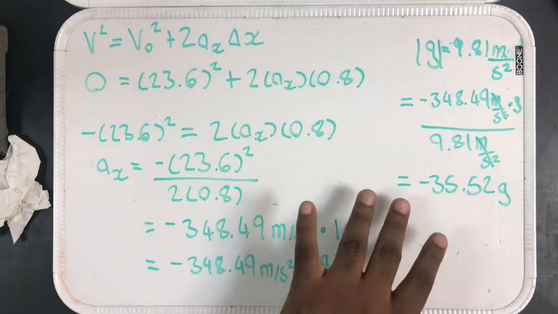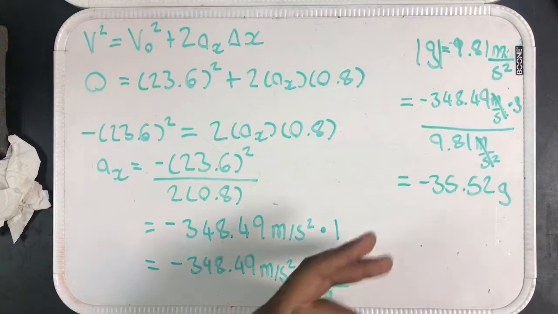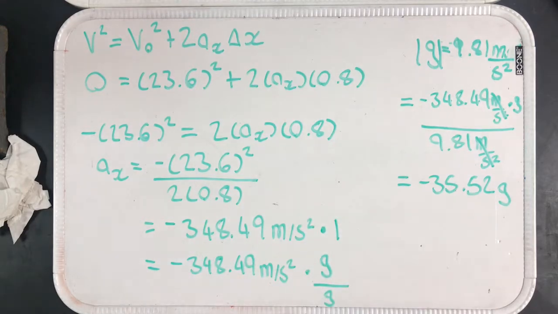And we want to interpret this answer. So just ignoring the negative, ignoring the direction, let's look at the magnitude of this acceleration. This is saying that Bobby J is undergoing 35.52 times the force of gravity. And just for reference purposes, the average person can survive 5 times the acceleration due to gravity. And there have been cases of people surviving even higher amounts than this, up to 40 Gs plus.